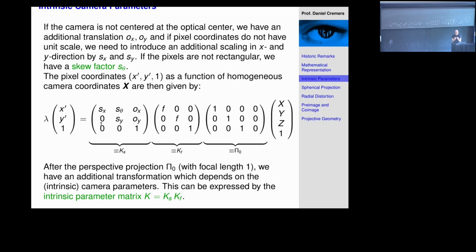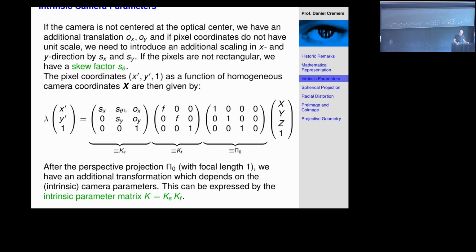So you will have bigger pixels, and then these parameters SX and SY have to be rescaled accordingly. So when you switch the resolution in your camera, what you really switch are these parameters SX and SY that indicate the size of the pixel, if you will.